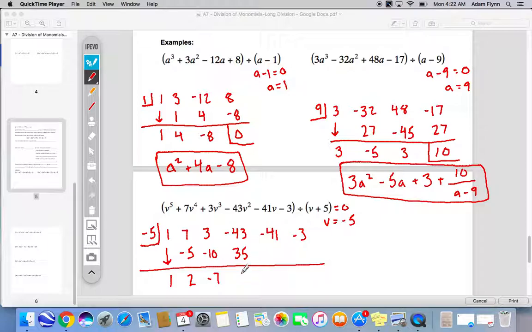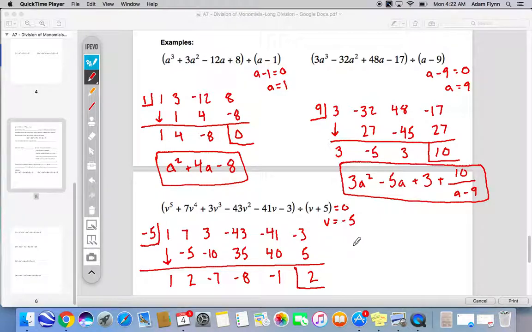Negative 43 plus 35 is negative 8. Negative 5 times negative 8 is a positive 40. Negative 41 plus 40 is negative 1. And negative 5 times negative 1 is a positive 5. So negative 3 plus 5 is 2.